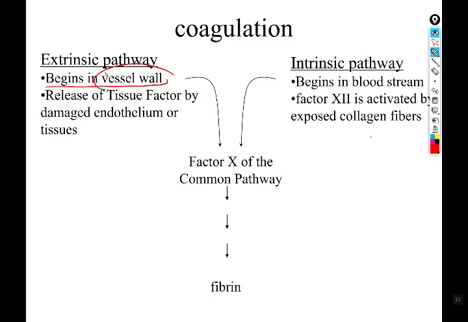So specifically, think of extrinsic pathway and associate that with broken vessels. So either by crush injury or by sharp force trauma, but regardless, one of your blood tubes has been released. So you do need to know tissue factor because that's the starter of extrinsic.